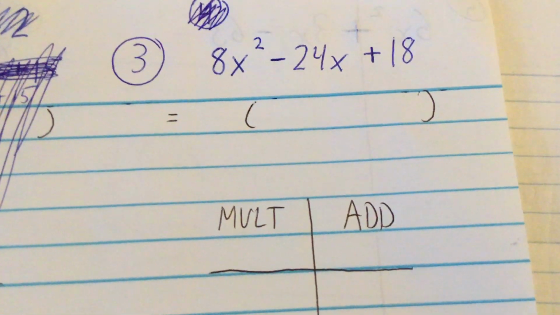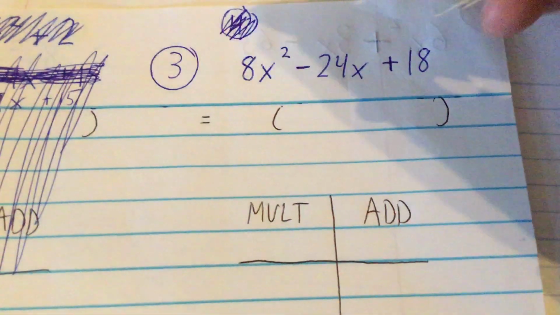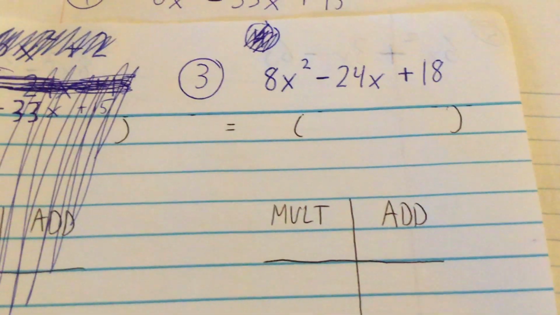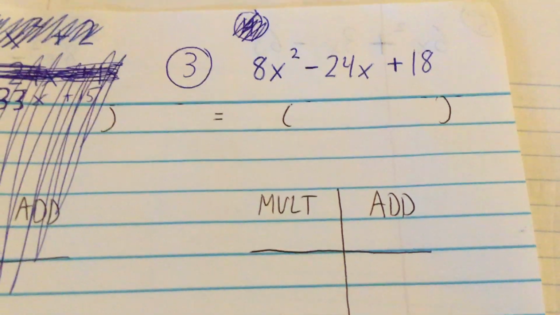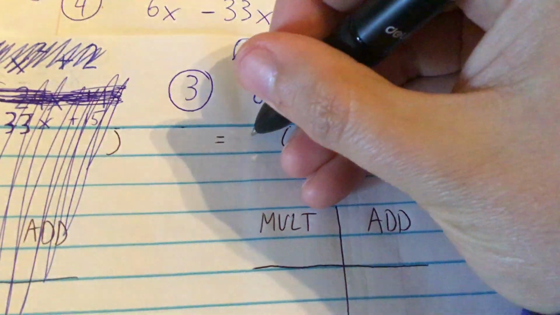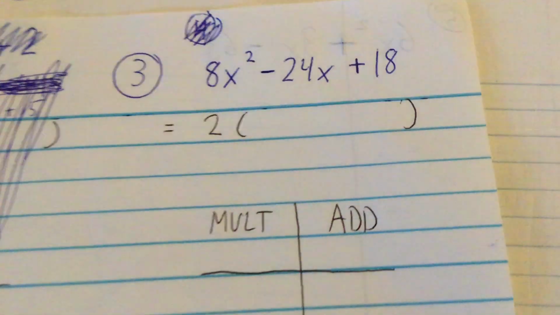Okay, so we've got 8x squared minus 24x plus 18. What can I factor from 8, 24, and 18 and still get whole numbers? Well, they're all even, so most definitely a 2. 2 times what is 8x squared?